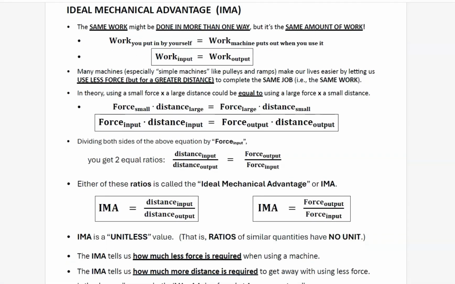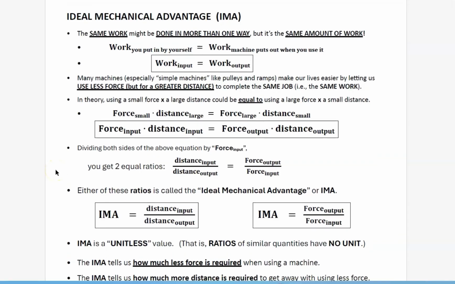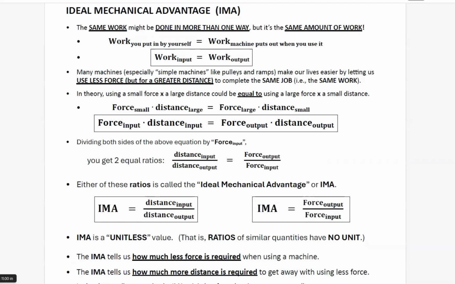There's just no getting around that. The input work and the output work will be the same number, at least in theory. So you're going to put in a certain amount of energy, and the machine will put out a certain amount of energy, and those should be the same amount, assuming the machine is 100% efficient. And we'll get to that later.